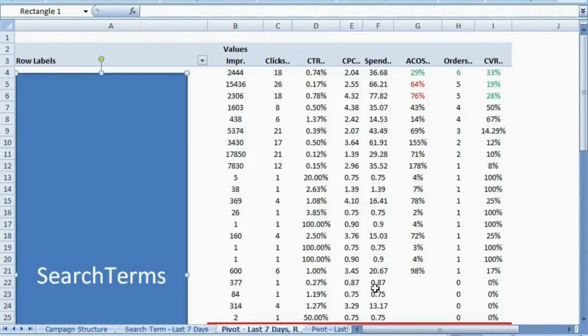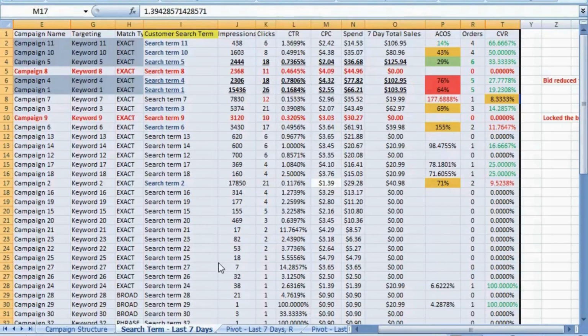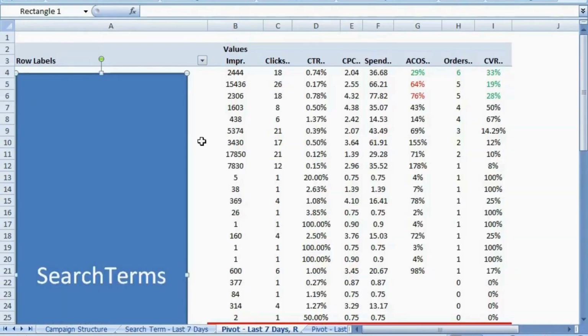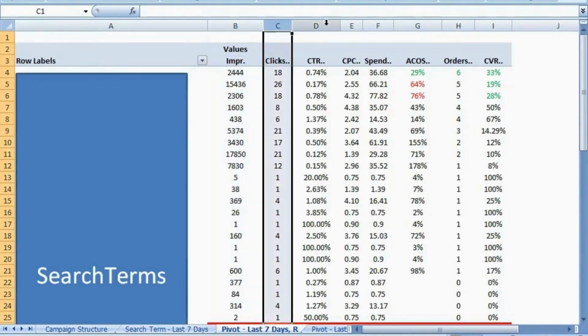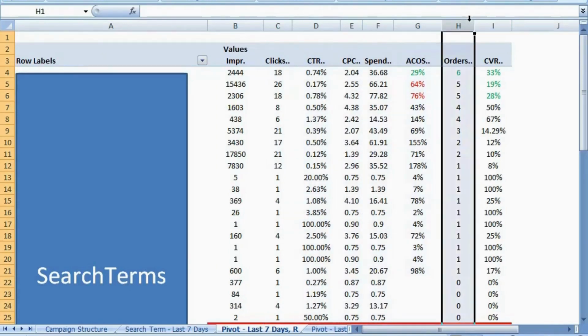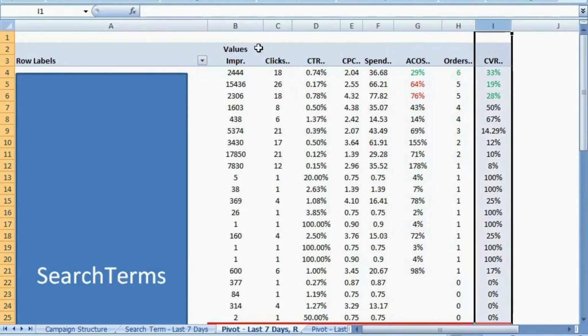When you run a simple pivot, this is exactly what you get to see: what is my search term. There could be certain search terms which are getting repeated over and again. You want to avoid that mess, and the only way to do that is to run a simple pivot on your search terms, and then you see how many impressions, how many clicks, what is your CTR, your cost per click, spend, ACOS, orders, and conversion ratio.